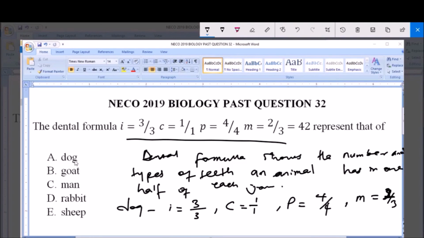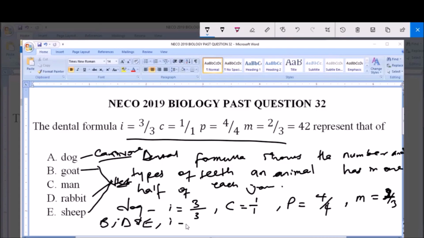Then option B, option D, and option E are all herbivores. Remember, dog is a carnivore, and carnivores have the same dental formula, but goat, rabbit, and sheep are herbivores, and they have the same dental formula. So for option B, D, and E, they have the same formula. That is, for the goat, rabbit, and sheep, the incisor I is equal to 2 over 1.